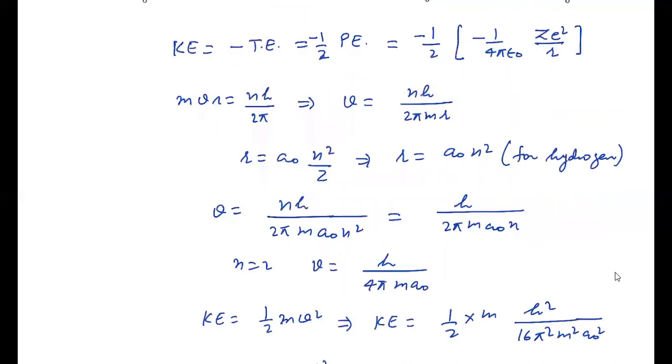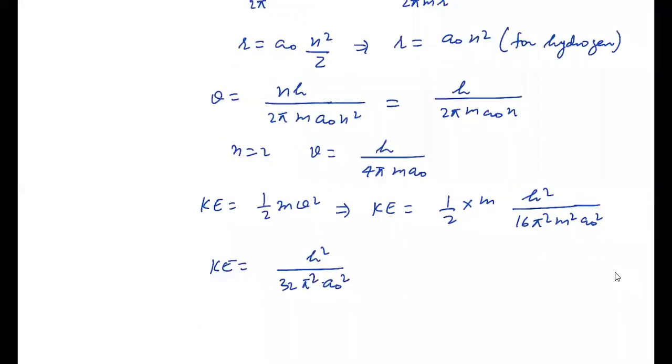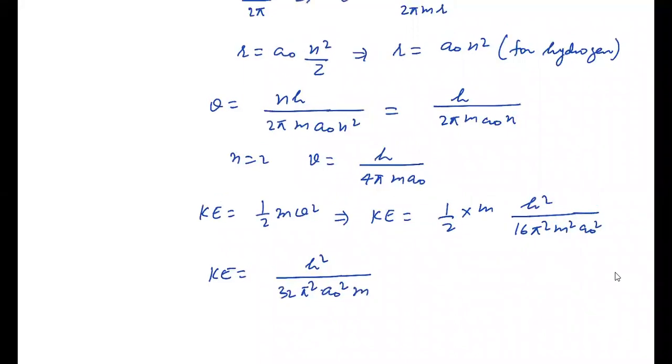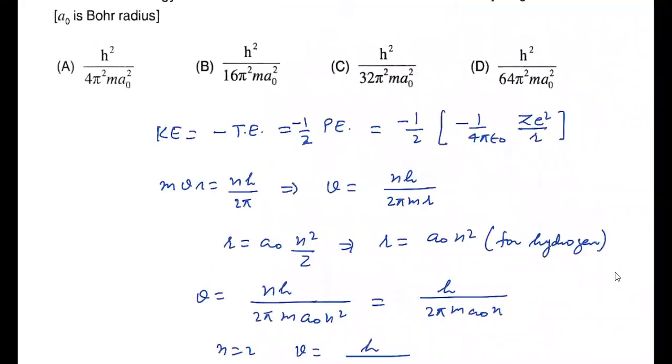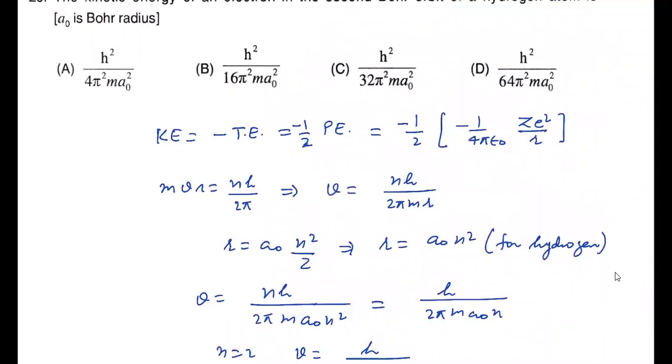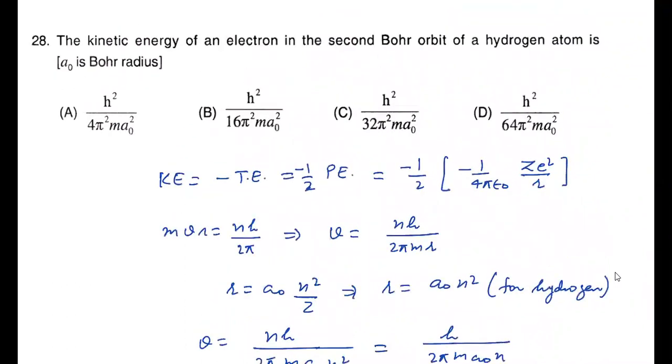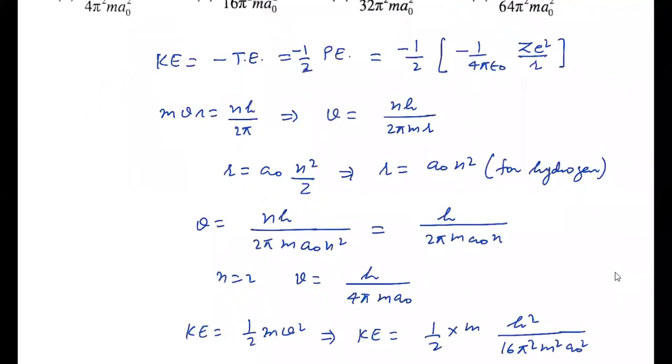Just a minute, you can cancel the m. So kinetic energy will be h square upon 32 pi square m a naught square. So with respect to the options, the answer is C.